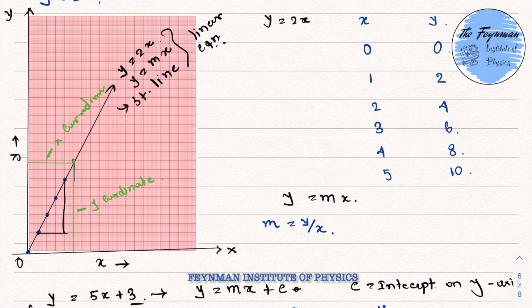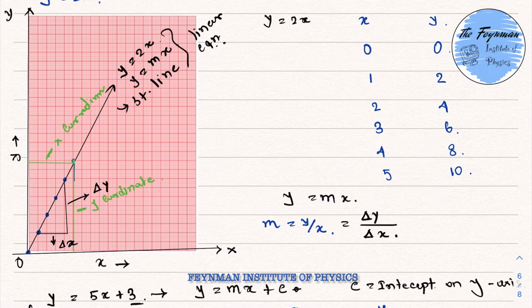The change in x and y coordinates of these 2 points can be represented by, this is say delta y and this is say delta x. Now delta actually represents change, that is why we can write m to be the change in y axis, that is delta y, with respect to the change in x axis, that is delta x.